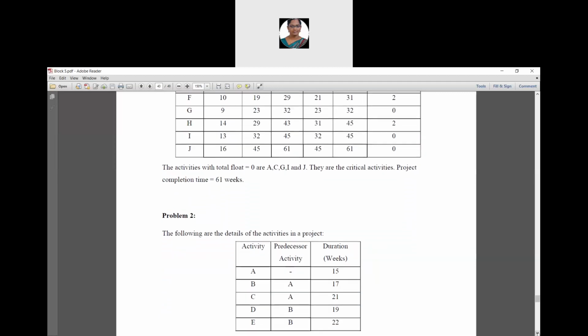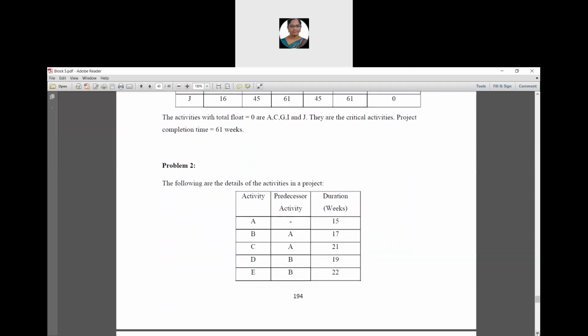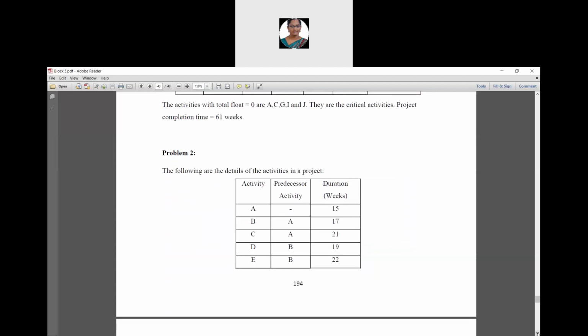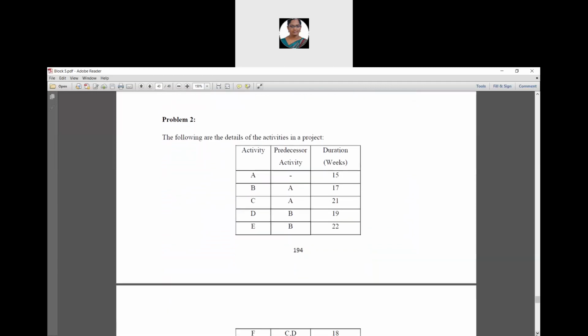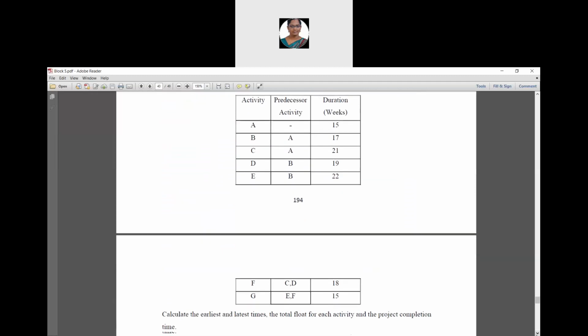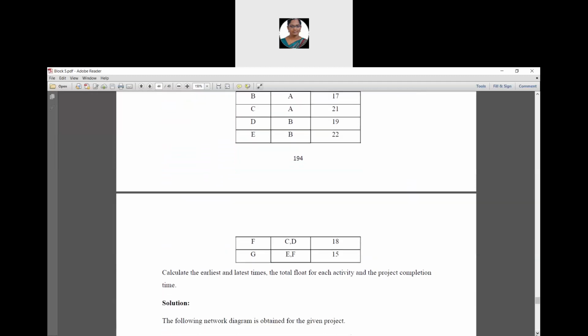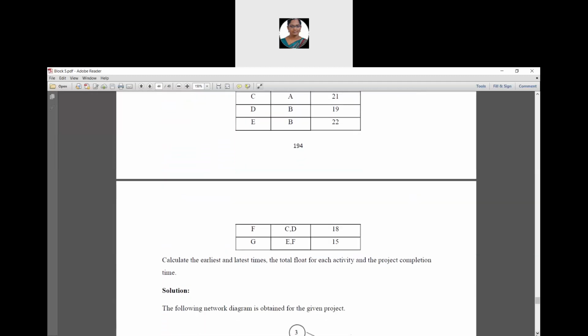One more problem is there. The following are the details of activities in a project. So using this data, we have to draw a network diagram, and what we have to find means earliest start time, earliest and latest time, total float for each activity, and project completion time.